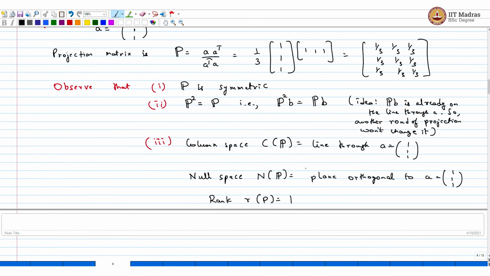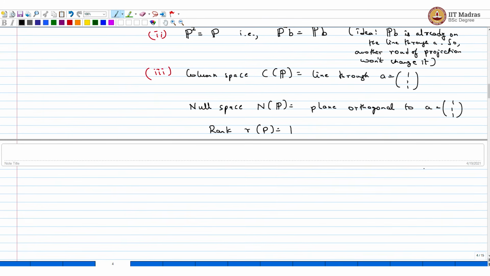The last thing that I want you folks to observe is this. If instead of projecting onto A equals 1, 1, 1, I set A as 2, 2, 2, then what would be the projection matrix? You can go back and verify, it turns out to be the same as before.